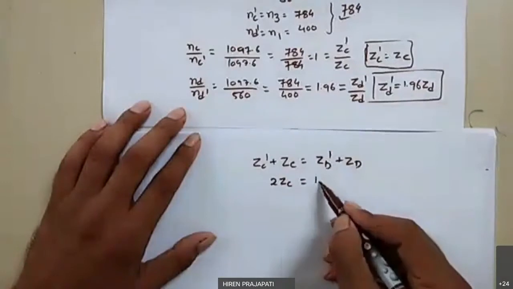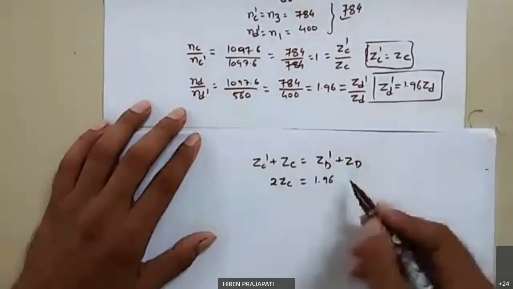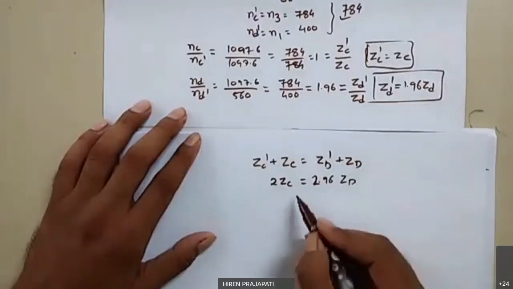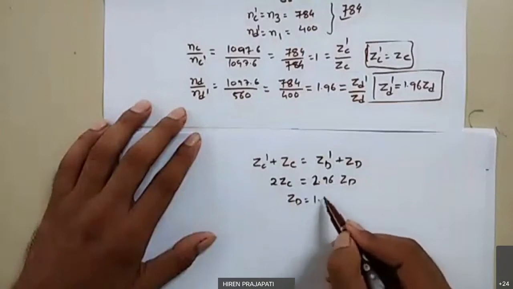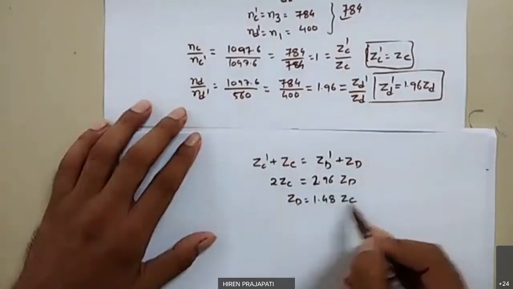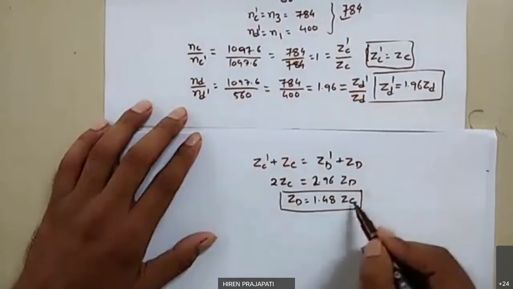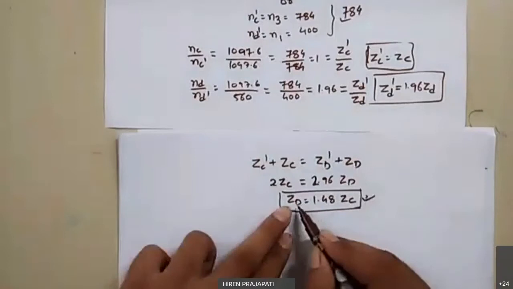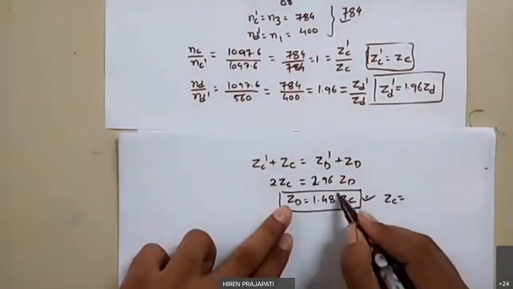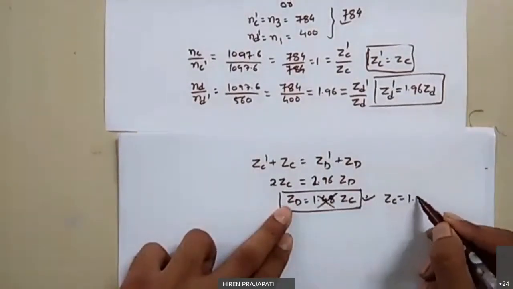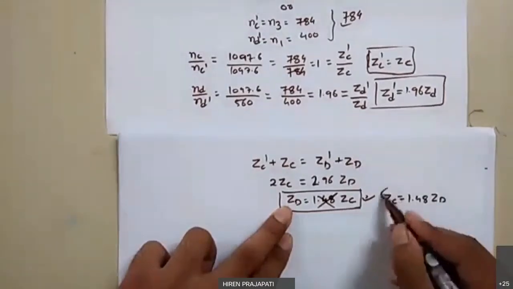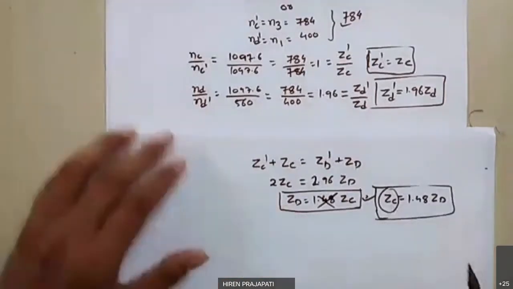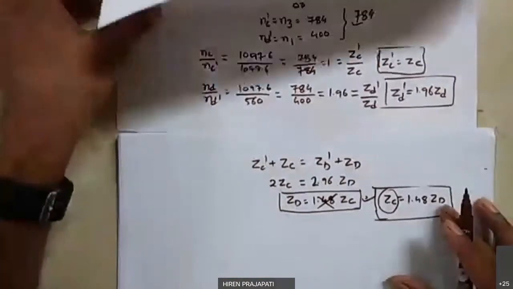If I write ZD dash as 1.96 times ZD, then 2 ZC is 2.96 ZD. Now ZC is equal to 1.48 ZD. This is our third equation. Sorry, we need to write this in terms of ZD, because ZC is the pinion. So we start iteration by assuming ZC is equal to 80, right?